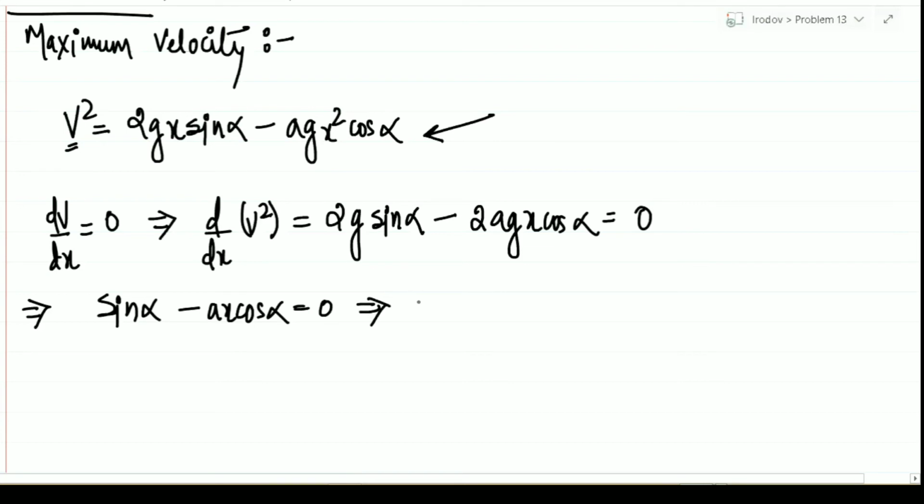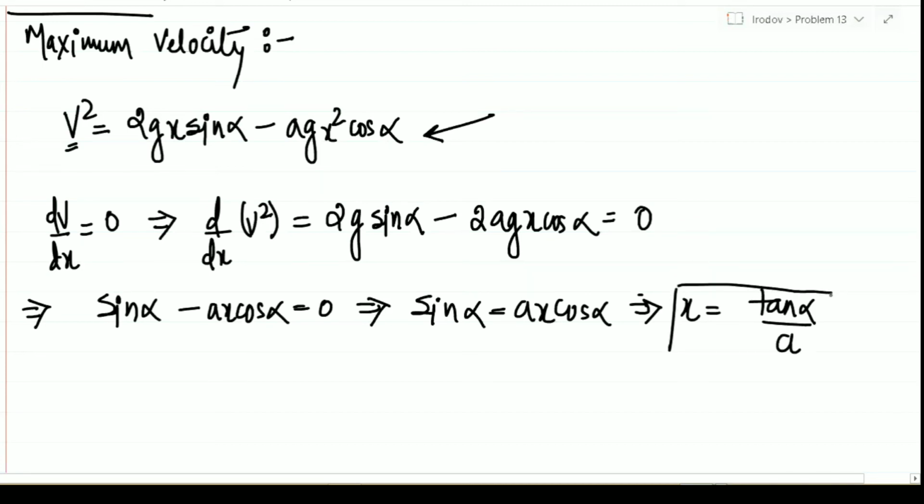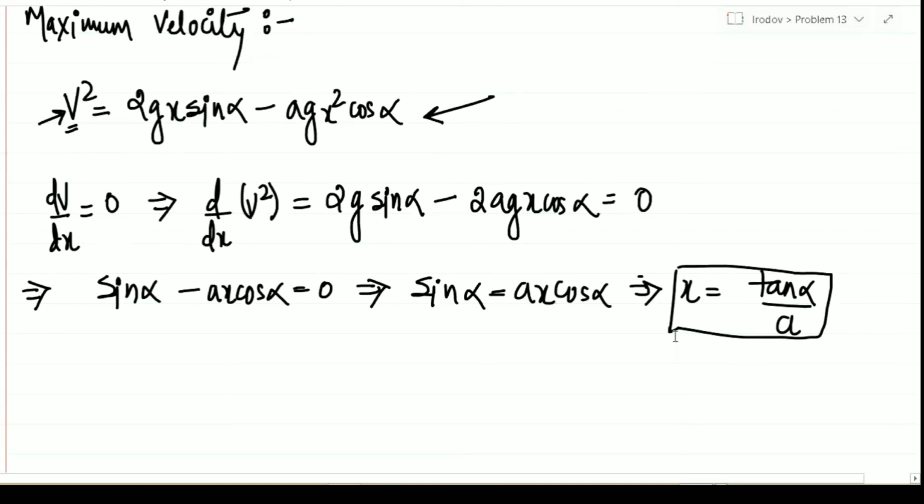This implies that sine alpha is equal to ax cos alpha, which gives us x is equal to tan alpha by a. So we have found the value of x at which the velocity v is maximum. So we're going to use this value of x and find out the value of maximum velocity.